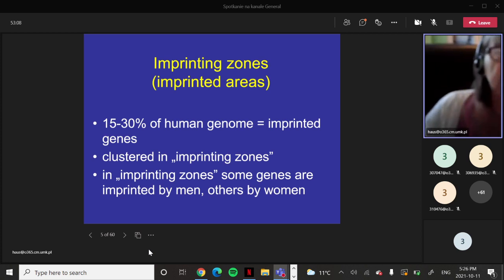In these parts of our genome which are imprinted, some genes are imprinted by men, and some other genes, not the same genes, are imprinted by women.